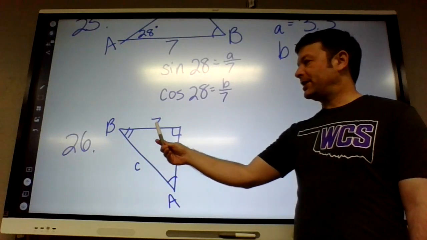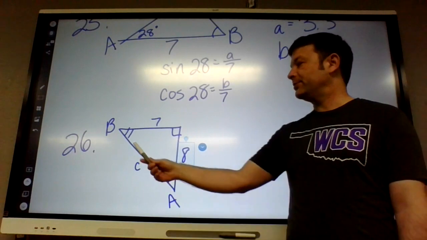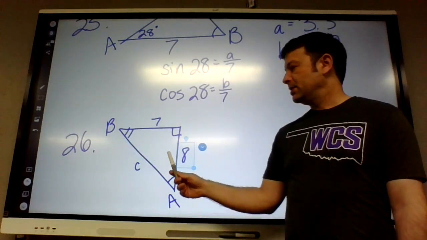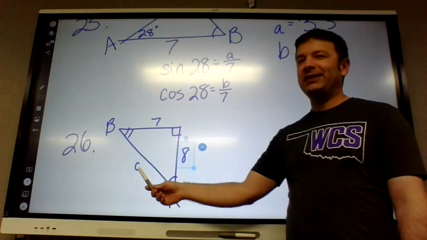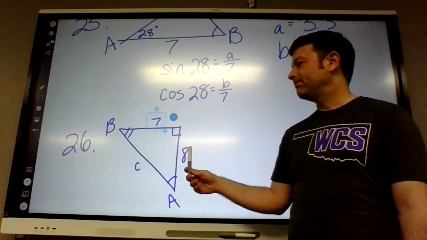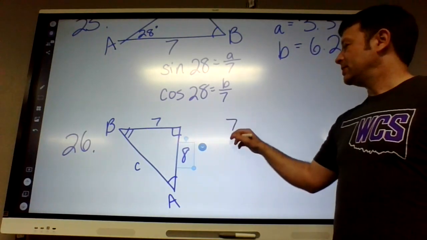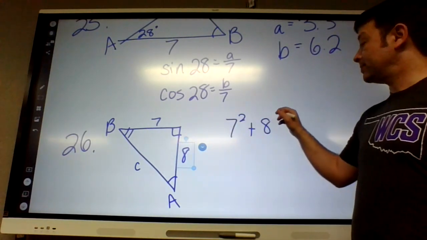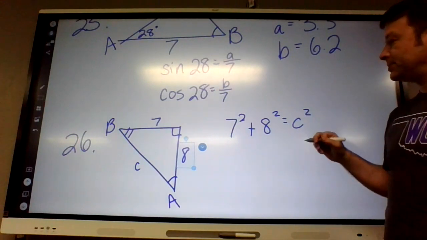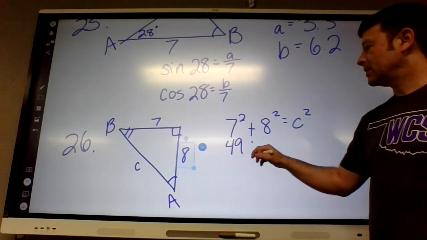This one's different than the last one because I have 2 sides of the triangle instead of 1, and I have no angles, well, besides the 90. So how could I find side C? Pythagorean theorem. If you already have 2 sides of a right triangle, you don't really need to use trig, you can just do Pythagorean theorem.